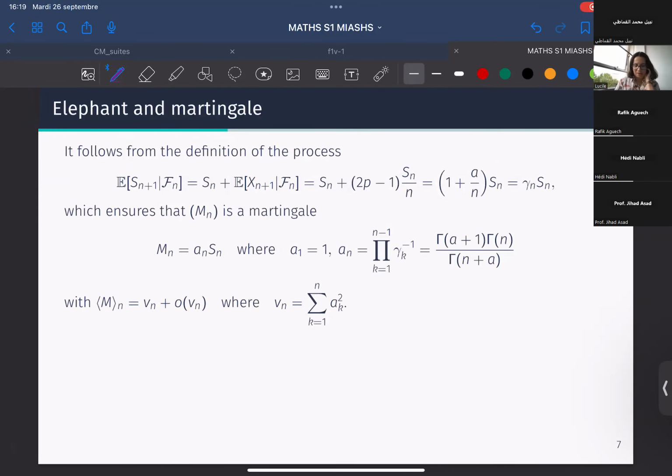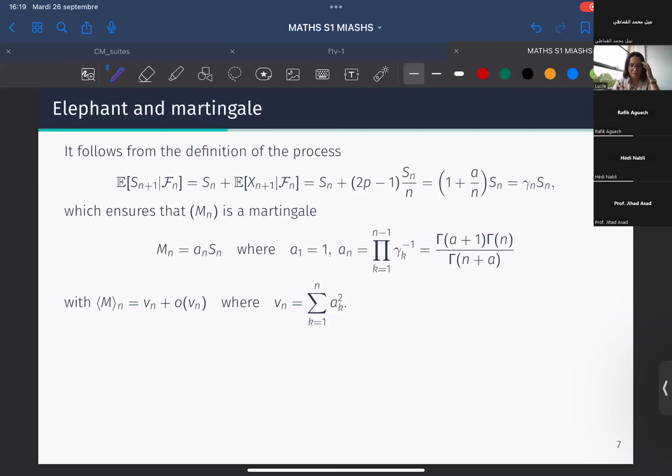Thanks to this computation, we actually find a martingale related to the elephant random walk that has a really nice expression. The martingale is Mn, and it is this sequence An times the position at time n.